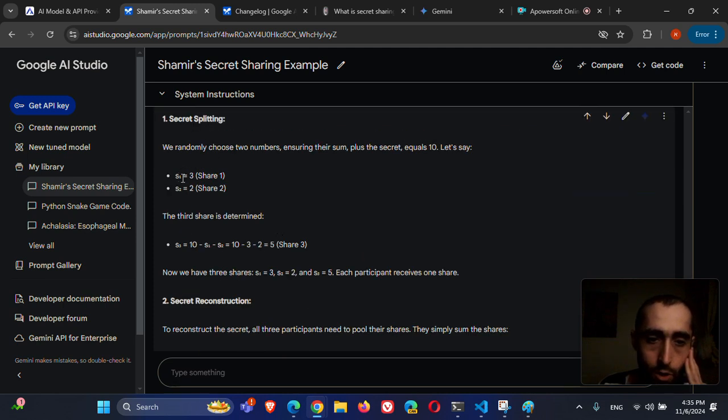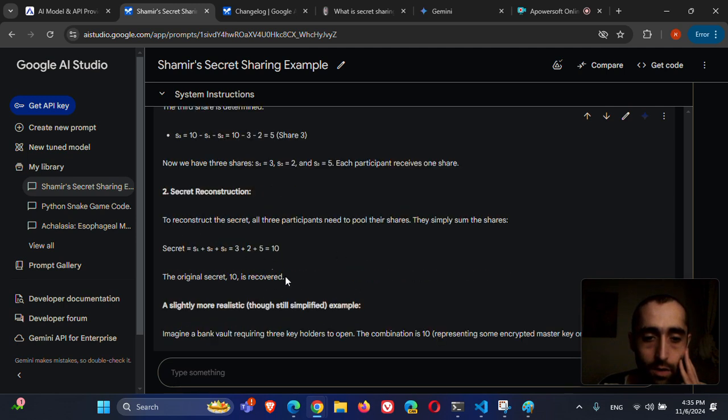Share 1 gets 3, share 2 gets 2, and share 3 will be the secret minus S1 minus S2. So those are the shares that we have: S1, S2, and S3. In order to reconstruct the secret, we need to sum all the shares. 3 plus 2 plus 5 is 10, and then we reconstruct and recover the secret.